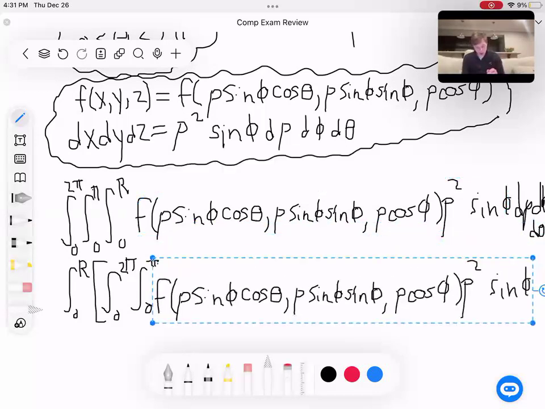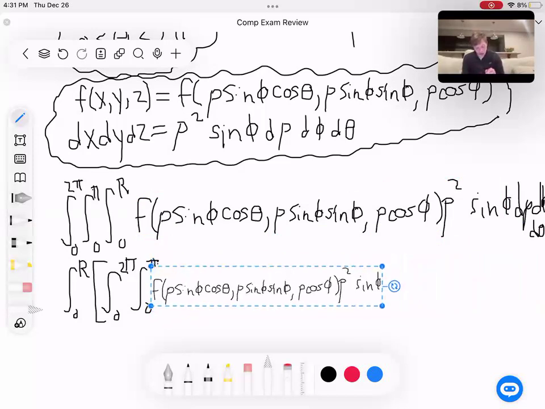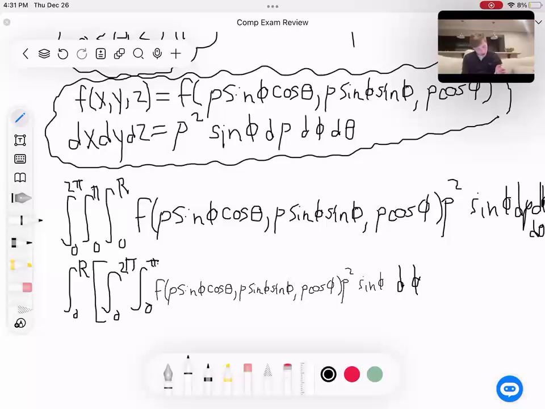I'm also going to scale it down a little bit because my handwriting is quite large. I acknowledge that. And then this is going to become d phi d theta, and then d rho. All right, so this is what our integral becomes after transforming the variables.